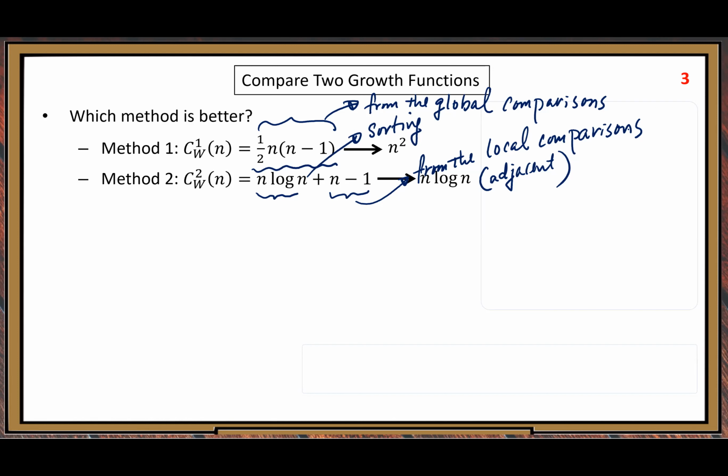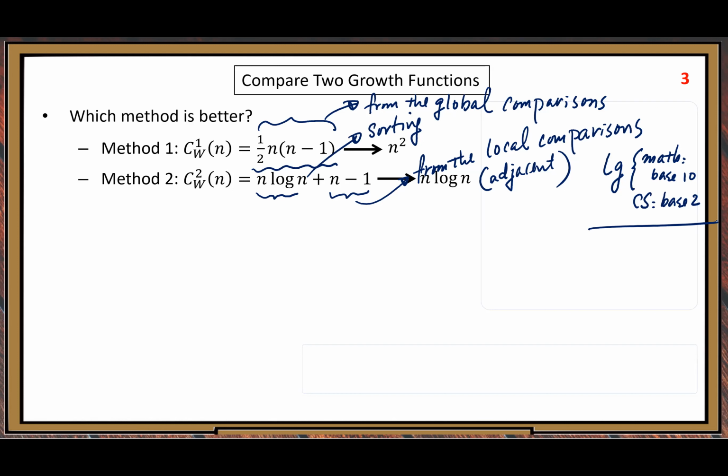So if you see lg, in math, lg means base 10. In CS, lg means base 2, by default.